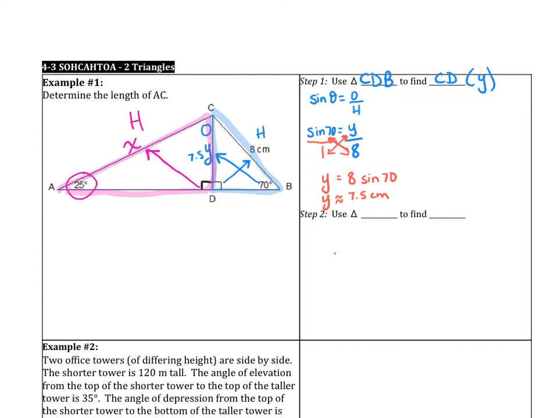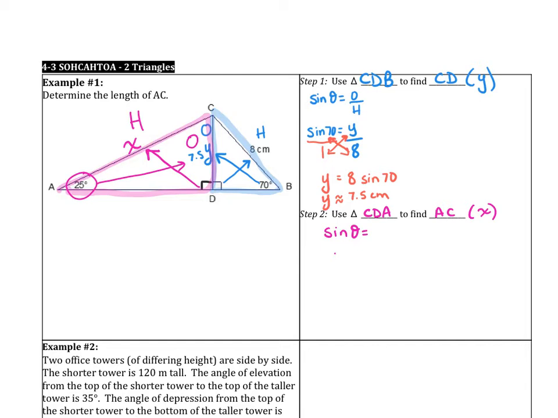And there's your reference angle. So that is the opposite side. So again, we're going to be using sine. You won't always be using the same formula. So now we're going to use triangle CDA to find the length of AC, which is what we called X. So that's going to be using the sine formula.